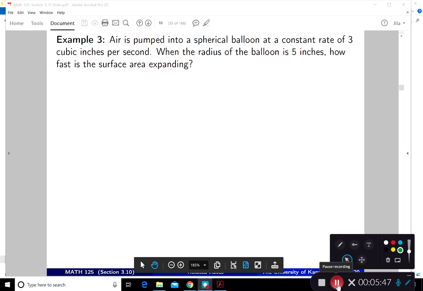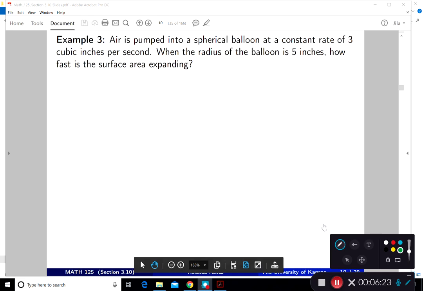Here's another example, a very good example of how we can use related rates. The question is, air is pumped into a spherical balloon at a constant rate of 3 cubic inches per second. So I have this pump and I know the rate that it pumps air. And then when the radius of the balloon is 5 inches, how fast is the surface area expanding? Can you guess why I need this? I'm giving you a hint.